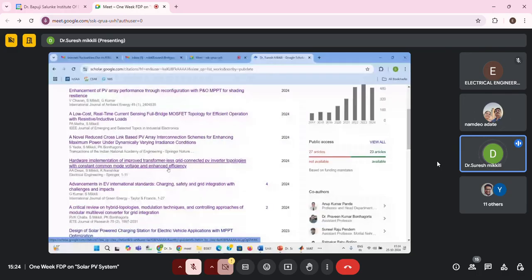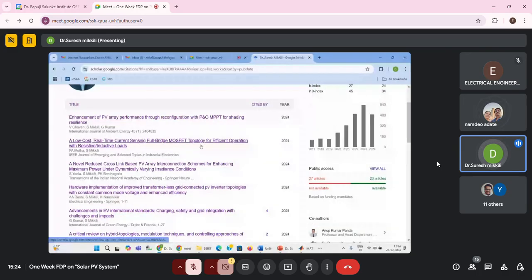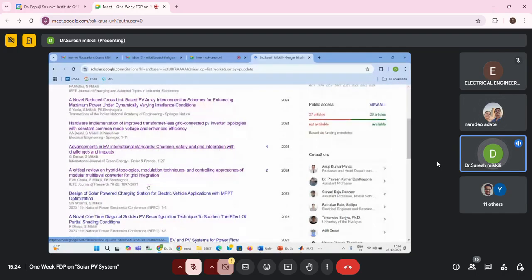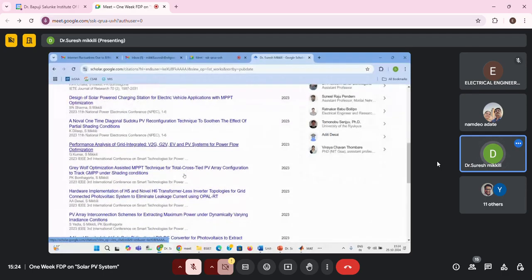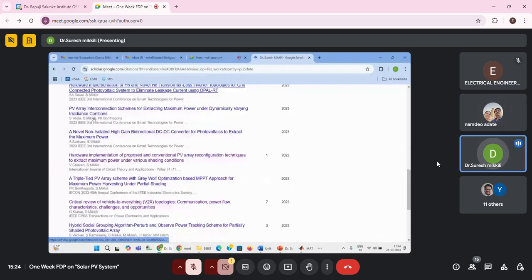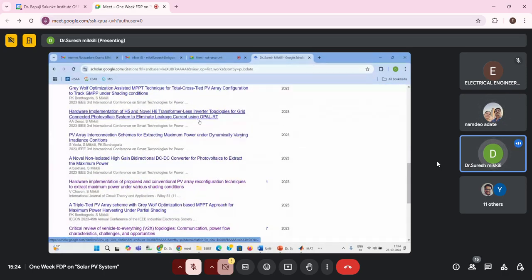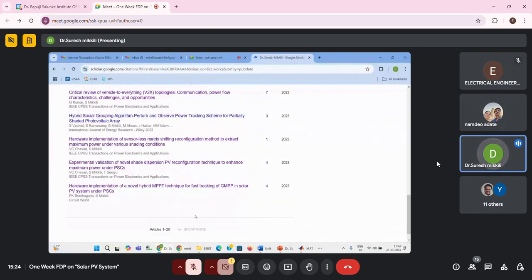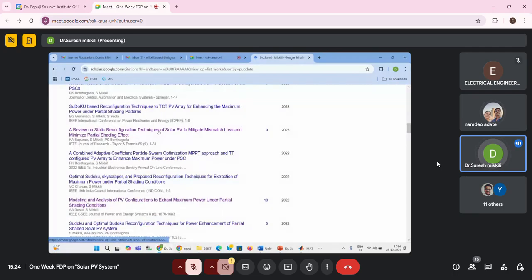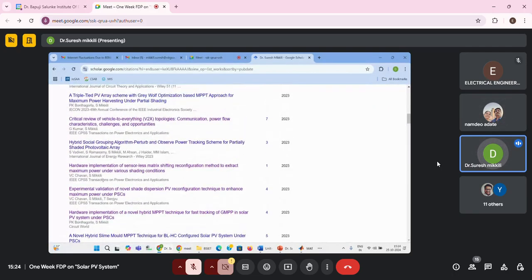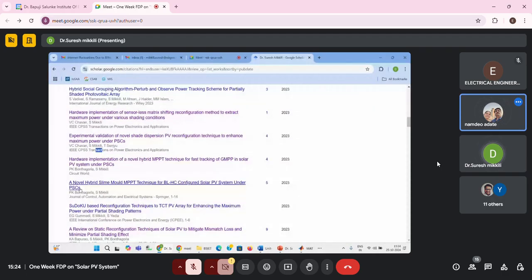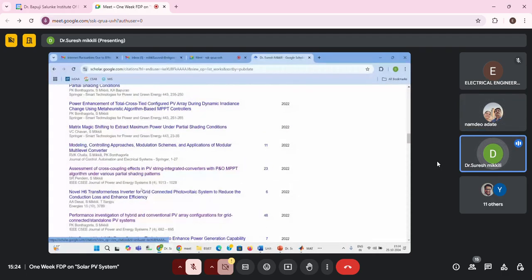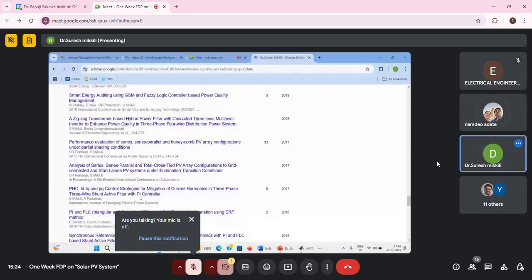There are some other subjects also. EV, PV, and grid connected, even gray wolf optimization, inverter topologies for PV system, converter topologies, V2X topologies. There are several papers on these, even published in SCI journals, IEEE transactions. There is huge scope on PV and EV, even smart grid, sir.